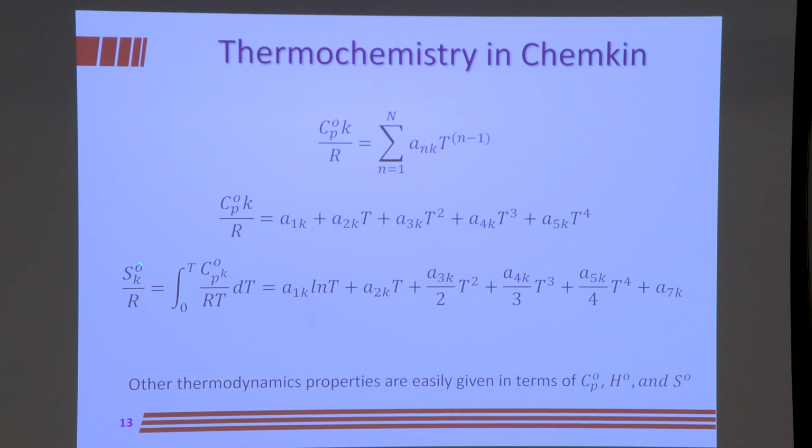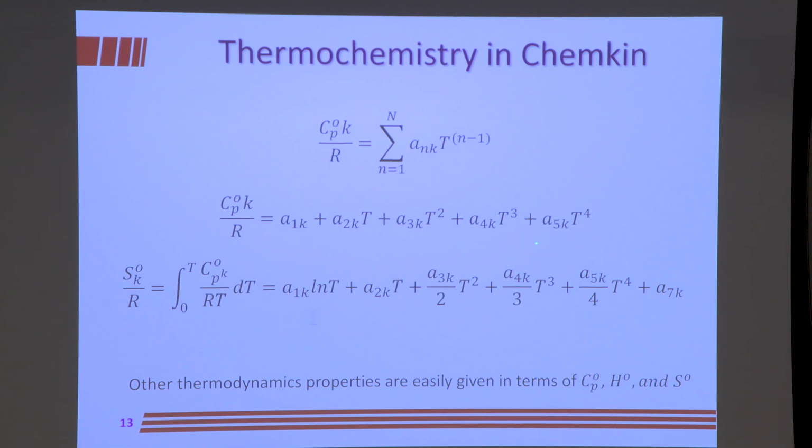And then, if we want to get entropy, the entropy is the integral from 0 to T of Cp over RT dT. So now we divide these values by T. So now we want to get the integral of A1 over T, and that's A1 times the log of T. Then we want the integral of A2, which is A2 times T. Then we have the integral of A3 times T, which is A3 times T squared over 2, and so on.